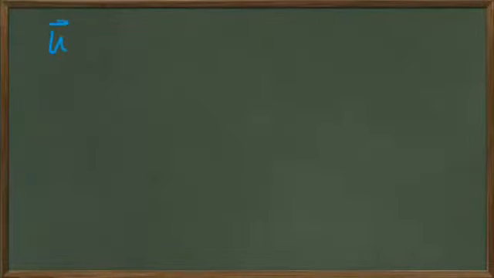If we have a vector u and a vector v, we can take the dot product of these two vectors by multiplying the u1 and the v1 component, and then adding the product of the u2 and the v2 component, and then adding the product of the u3 and the v3 component.